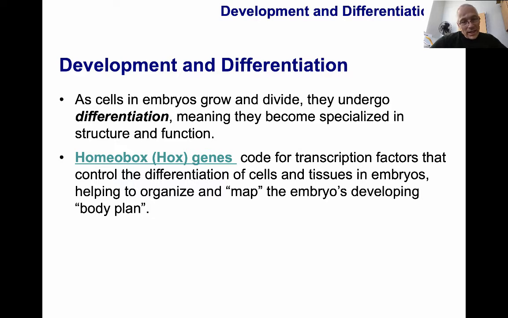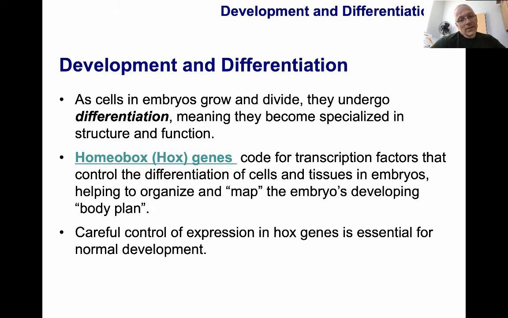Well, the interesting thing about these homeobox genes, these HOX genes, is that they are arranged on chromosomes in a way that mirrors their effects on the bodies of the organism. And it's more pronounced in simpler organisms like insects and worms.